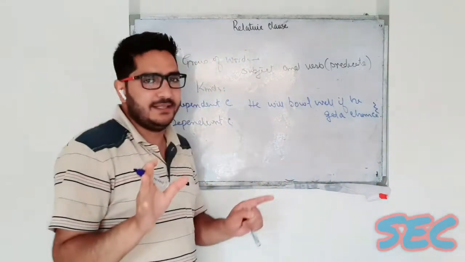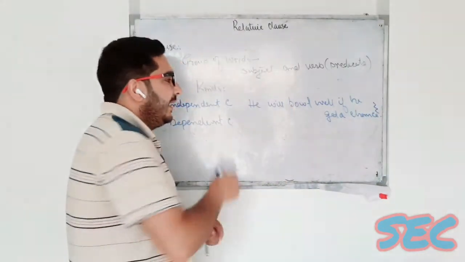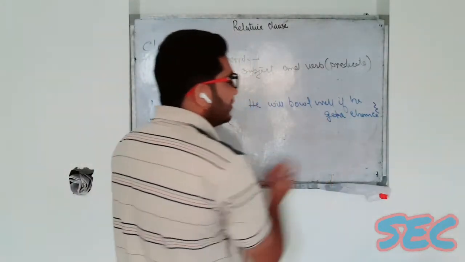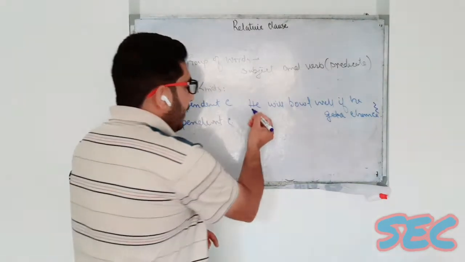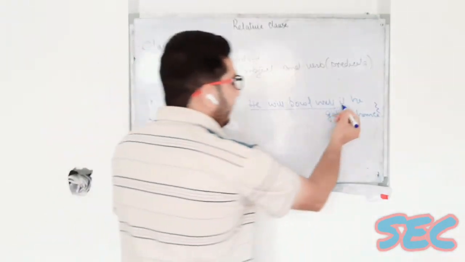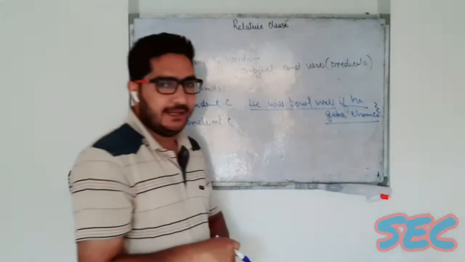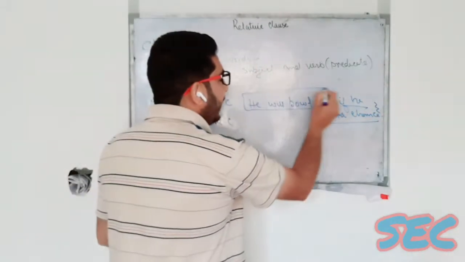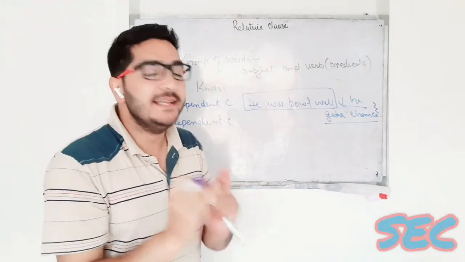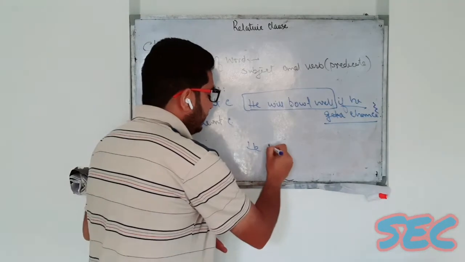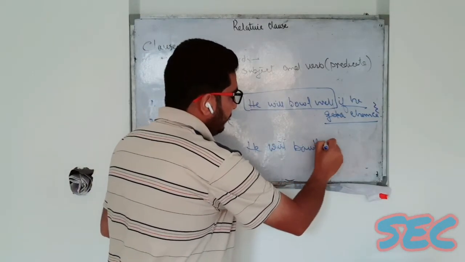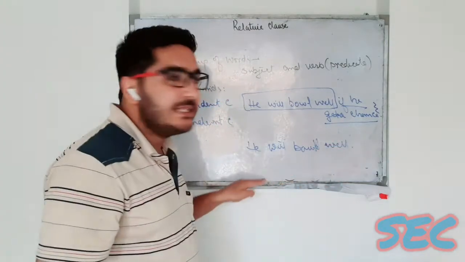This is a sentence. See, he'll bowl well is one clause here, and if he gets a chance is another clause. He'll bowl well is an independent clause. For example, we write he'll bowl well. It will become a sentence.